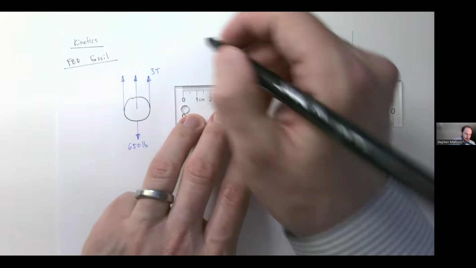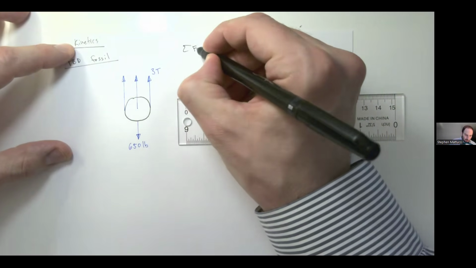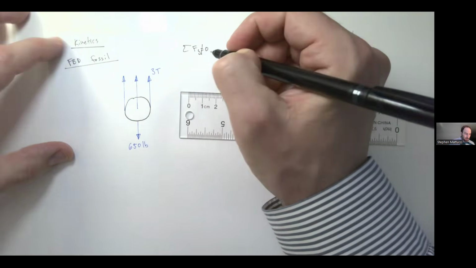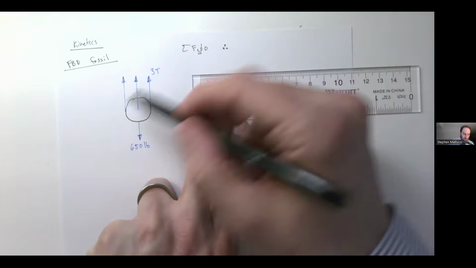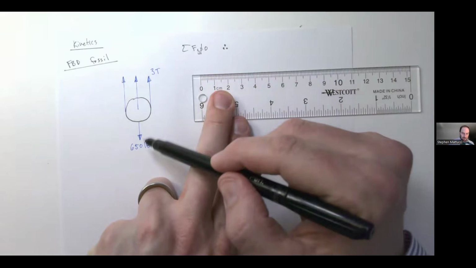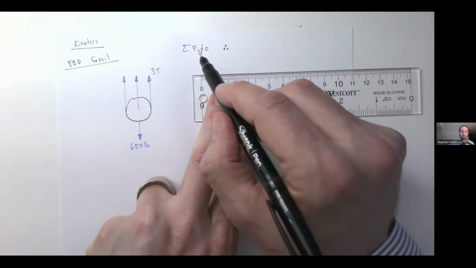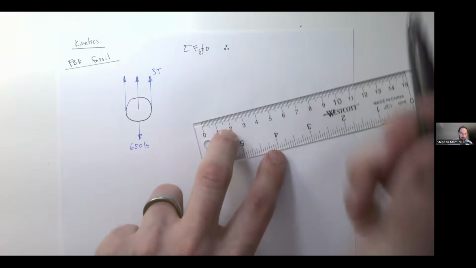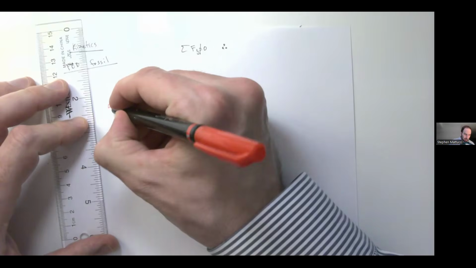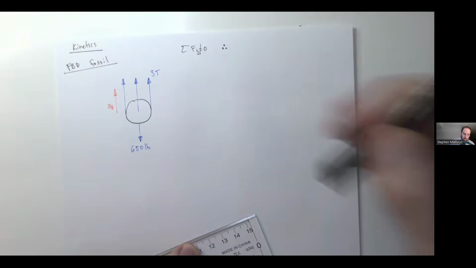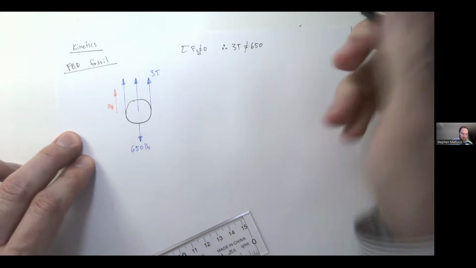And so the system is not in equilibrium. So the sum of forces in the y in this case are not equal to 0. Therefore, this is a really common mistake. Oftentimes we look at this and say, oh, well, there's 3 tension up here and 650 pounds, so this is just 3T is equal to 650 pounds, but it's not in equilibrium. In this case, it's accelerating upwards. So 3T is not 650.